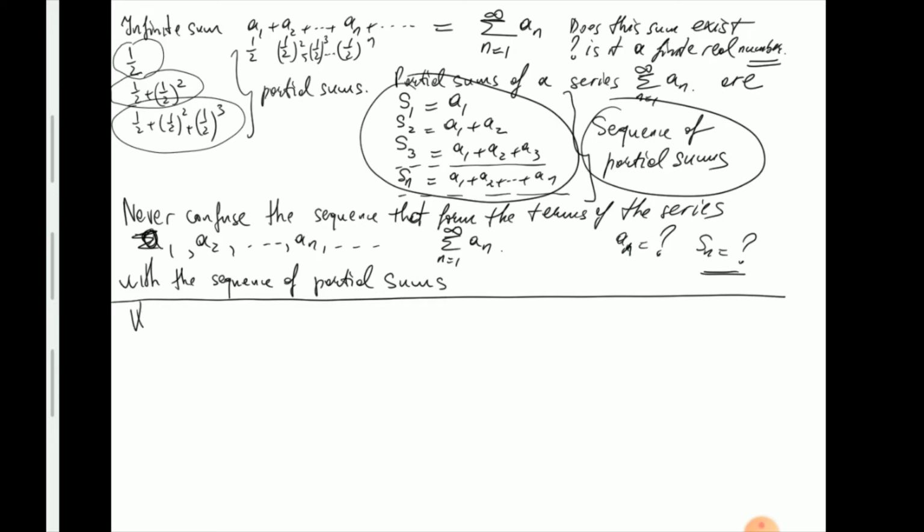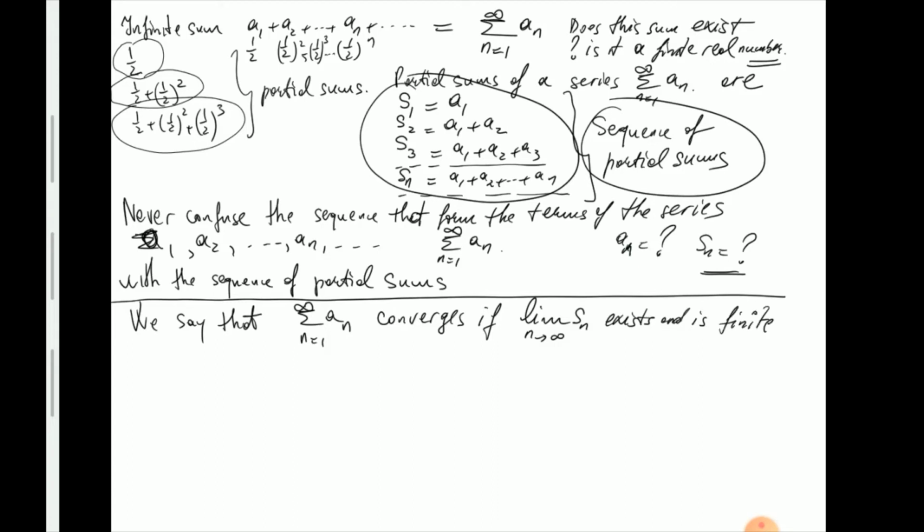So we say that a series, summation of n from 1 to infinity of An, converges if the limit of its partial sums exists and is finite.